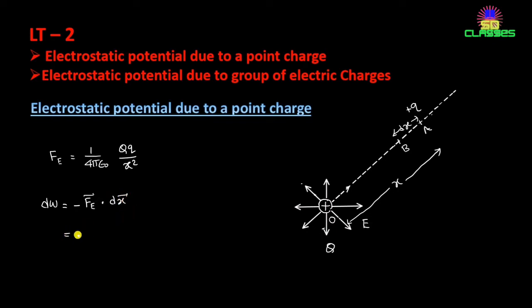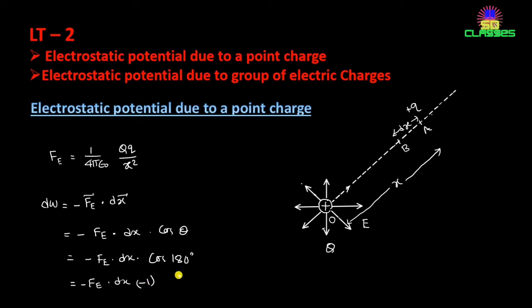Vector dot dx, where dx is the displacement. So now you can see negative of Fe is the magnitude and dx will be the magnitude dot cos theta. So what is the angle between these two vectors, Fe and dx? The angle is 180 degrees because they are opposite of each other. So Fe dot dx dot cos 180 degrees. This will be minus Fe dot dx, and the value of cos 180 degrees is minus 1.